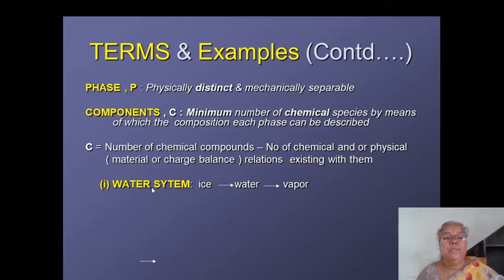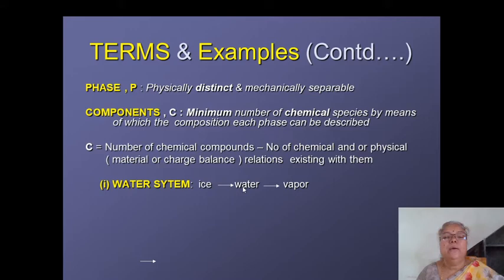In case of the water system, at the freezing point of water, ice is in equilibrium with water, and water is in equilibrium with vapor. That means the water system consists of three phases. Solid phase is ice, water in the form of ice. Liquid phase of water is water itself, and the vapor phase is gas.